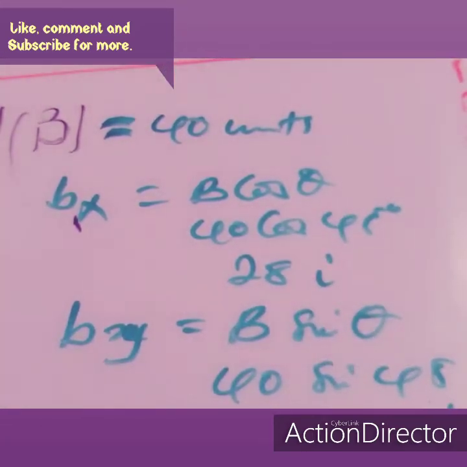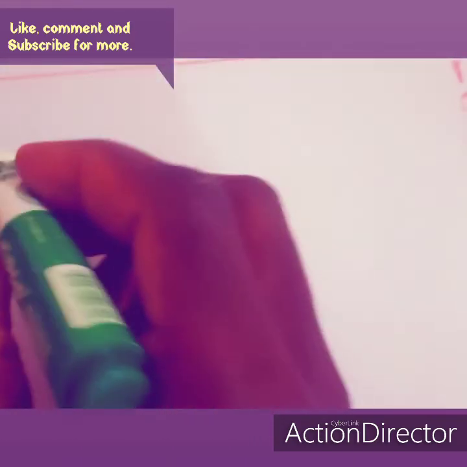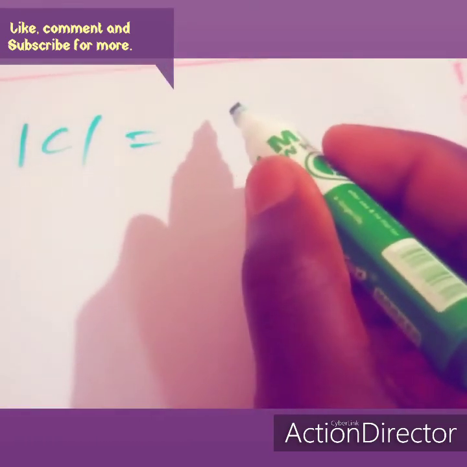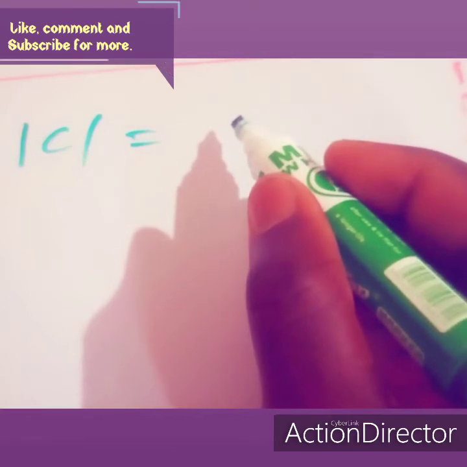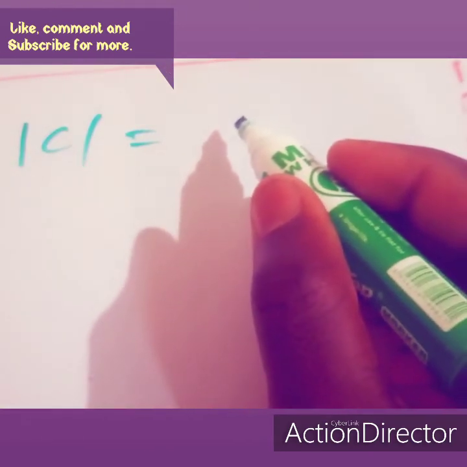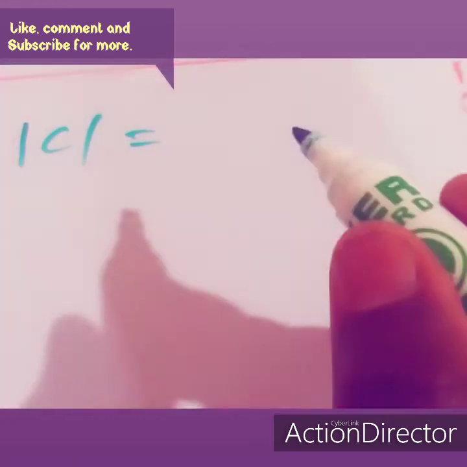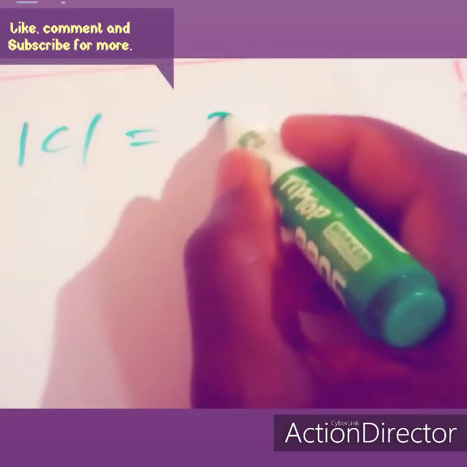Then our C, so if we go to the C, we'll do the same. So our C was 30, so we have 30 units.